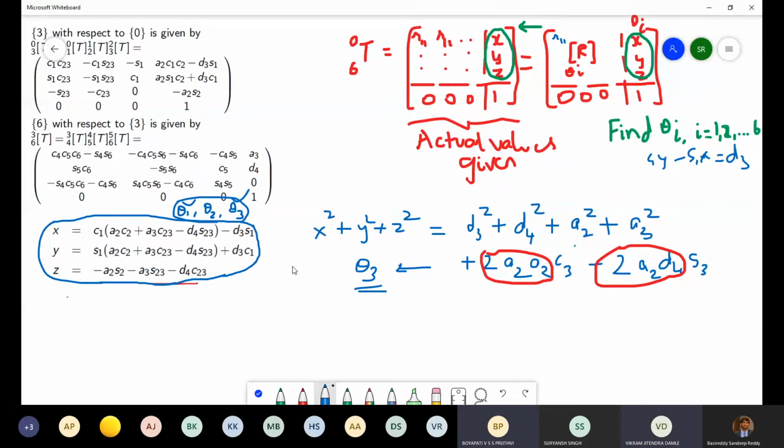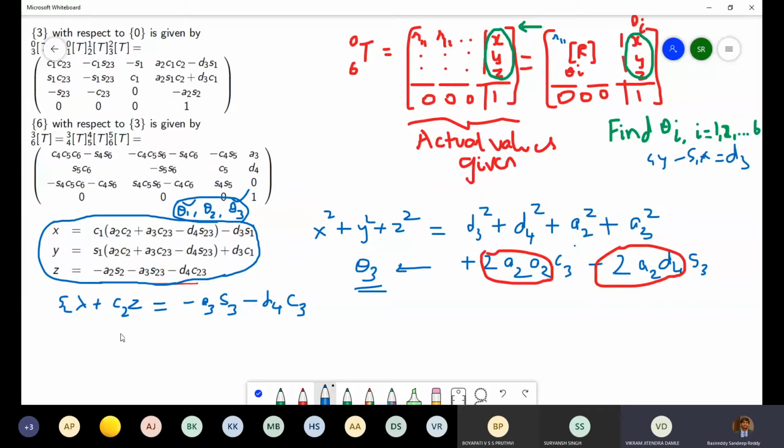Sir, we already had that equation from earlier where we had separated S2, C2, S3, C3. We can input the values of C3 and S3 in that to get theta 2. Yes, correct, that S2 lambda plus C2 Z is equal to minus A3 S3 minus D4 C3.